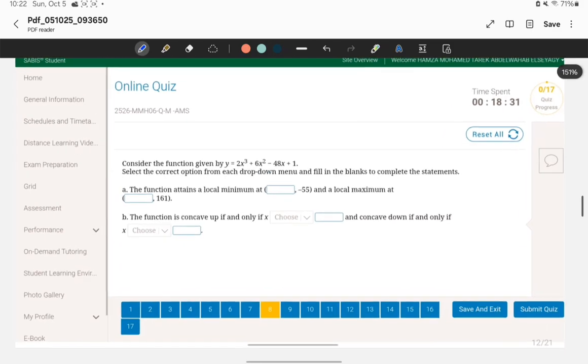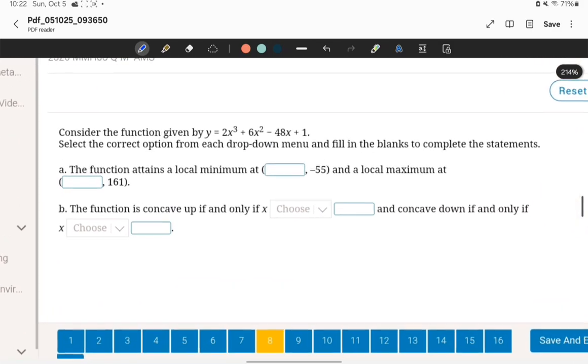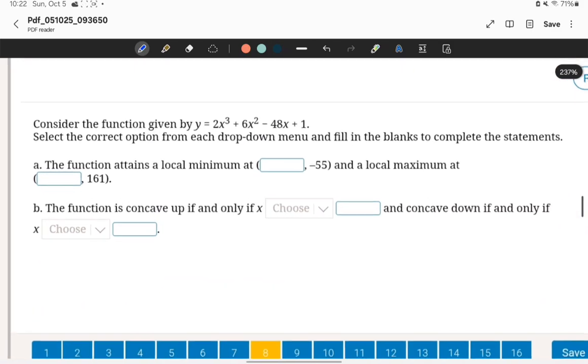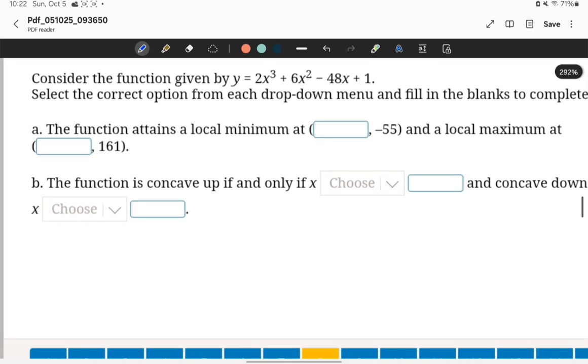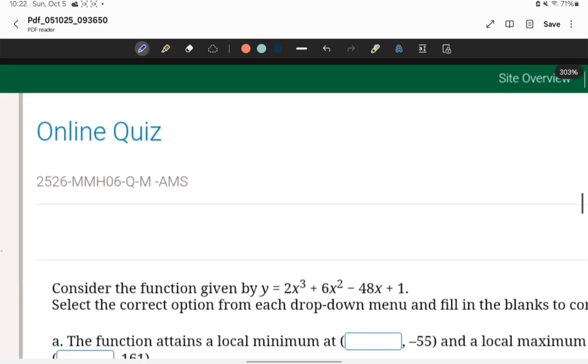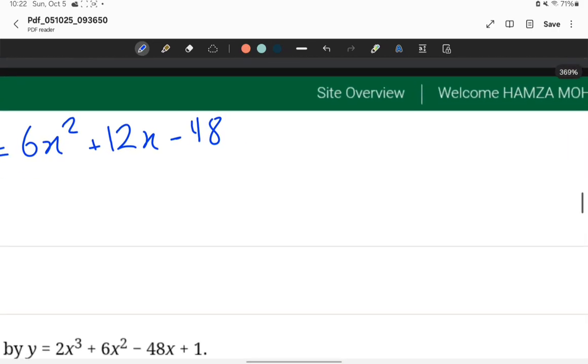Number 8 is a local minimum and local maximum question. So we're going to go ahead and do the table, and we're going to do the differentiating first. So differentiating this equation here, we have y prime equals 6x squared plus 12x minus 48. Right, this is our derivative, and for the table we do x, y prime, y.